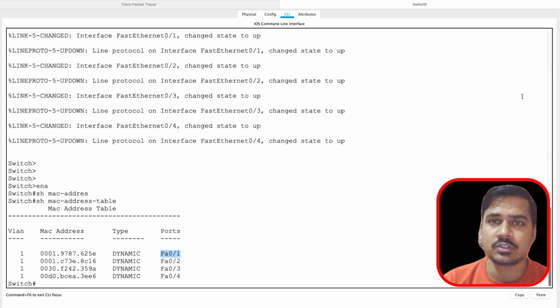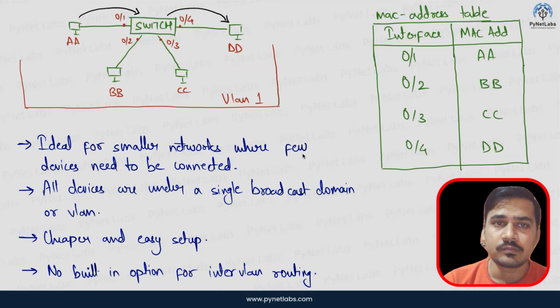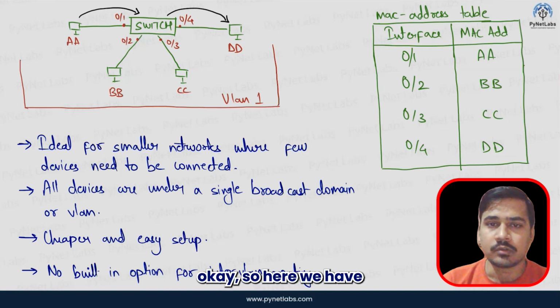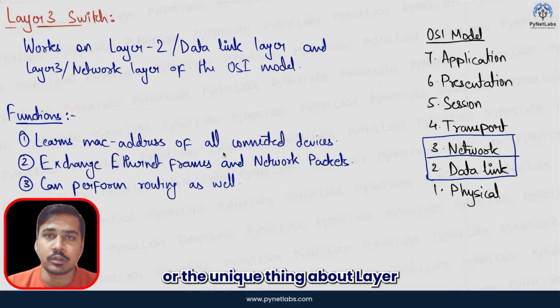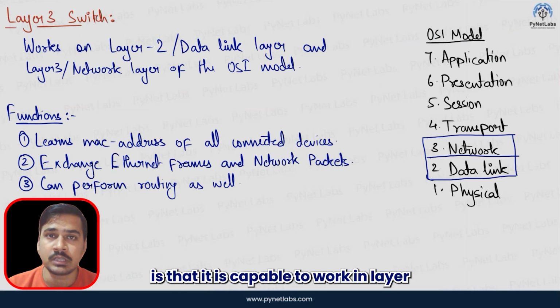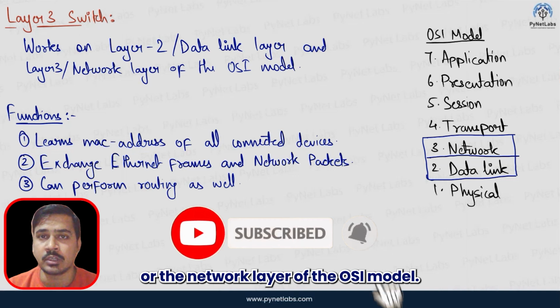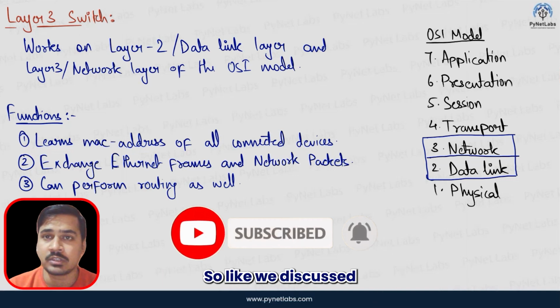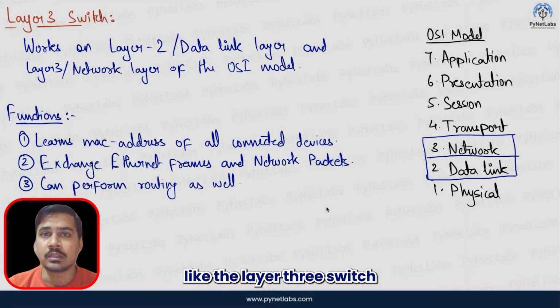Now, if I go back to the slide, the next switch that we will see is the layer 3 switch. The unique thing about a layer 3 switch is that it is capable of working in layer 2 as well as layer 3, that is the data link layer and the network layer of the OSI model. Like we discussed in the previous slide about the OSI model, the layer 3 switch is capable of working on both layers.